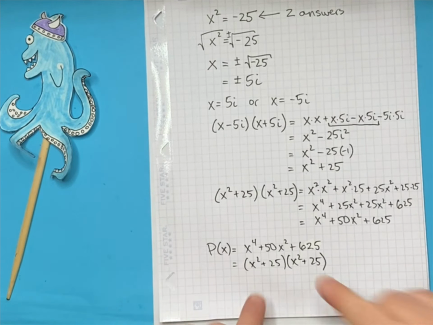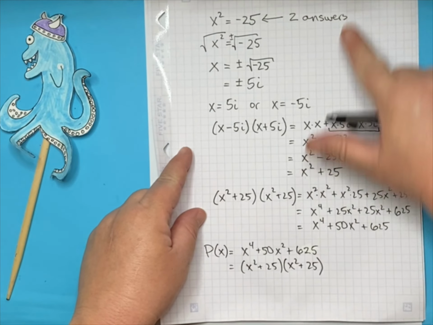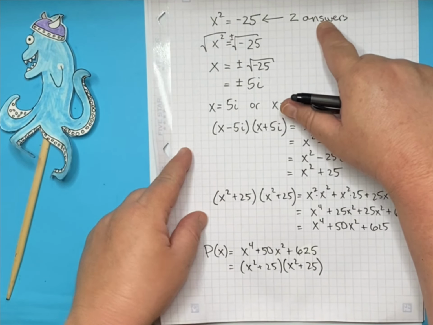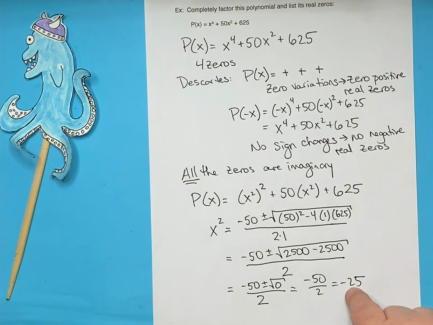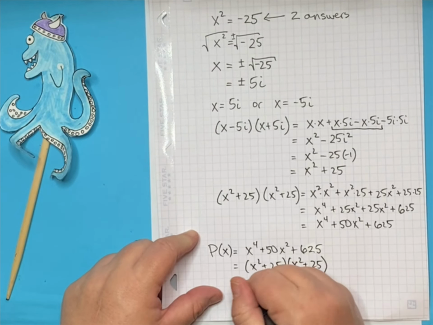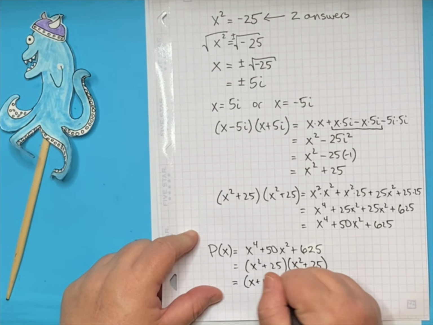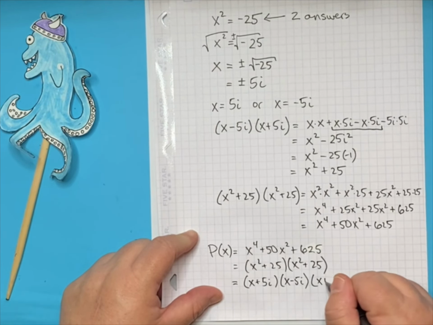And this is what I meant when I said this counts for 2 answers. When you use the quadratic formula and there's a 0 inside the square root, you end up with twinsy answers. You get 2 of these. So we get 2 matching factors. And then each of these factors as x plus 5i, x minus 5i.